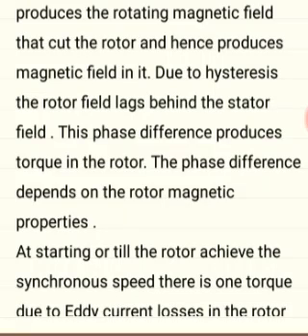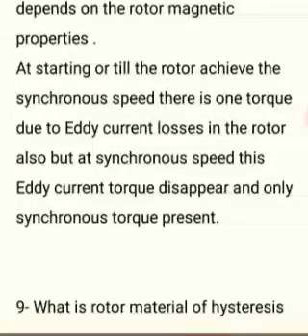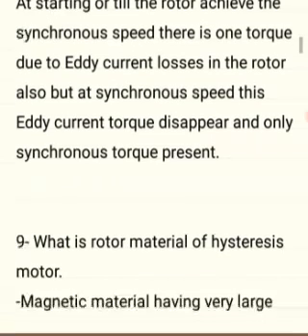This phase difference produces a torque in the rotor. The phase difference depends on the rotor magnetic properties. At starting, or till the rotor achieves synchronous speed, there is one more torque due to eddy current losses in the rotor. But this torque disappears at synchronous speed and only synchronous torque is present.